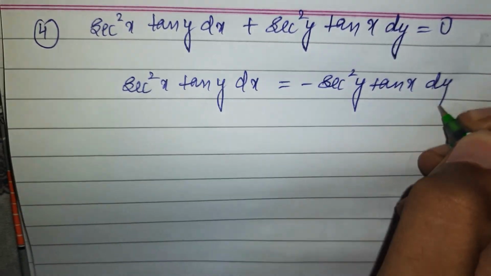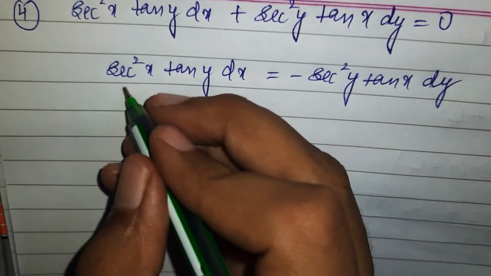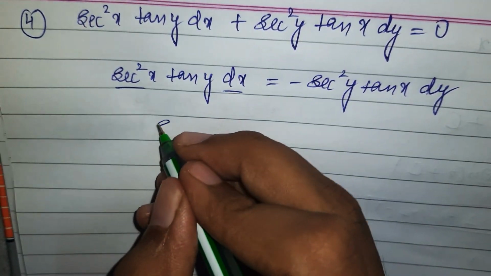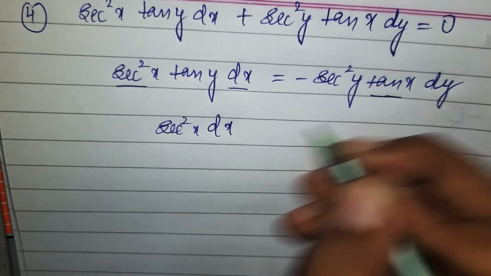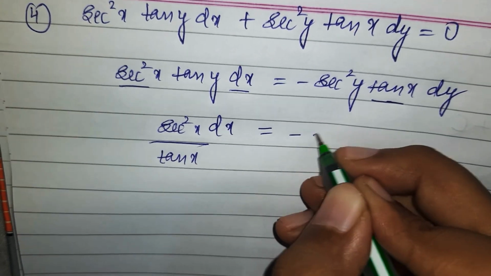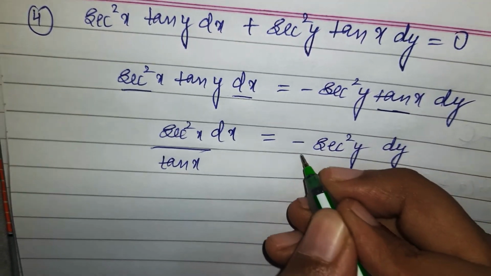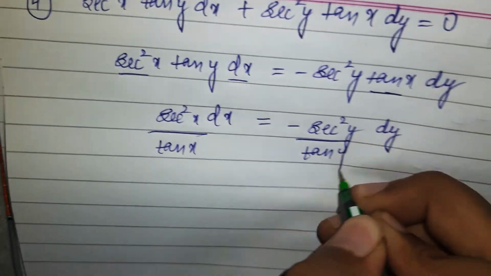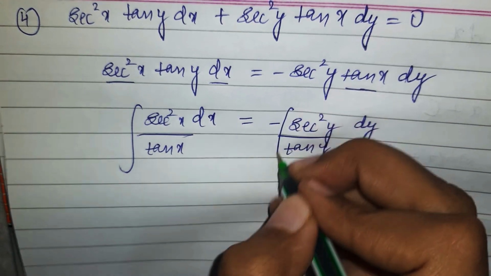Now take dx and dy in the numerator. So this term and this term will be together, secant square x dx, and this term you need to take to the denominator. And if I talk about this, minus secant square y dy upon tan y. So after doing this, you need to integrate both sides.